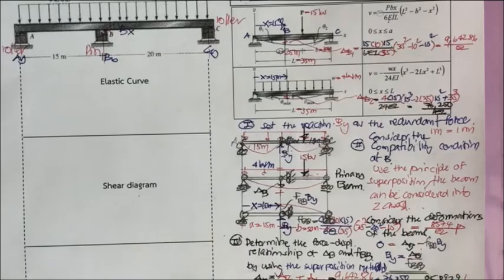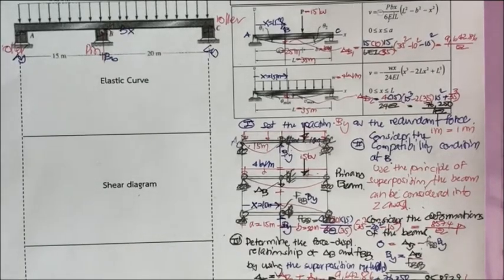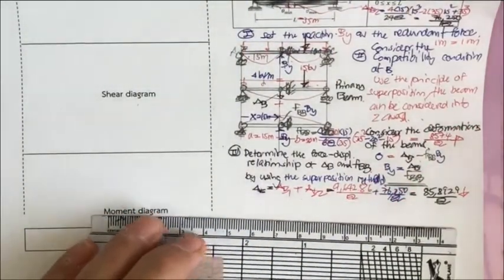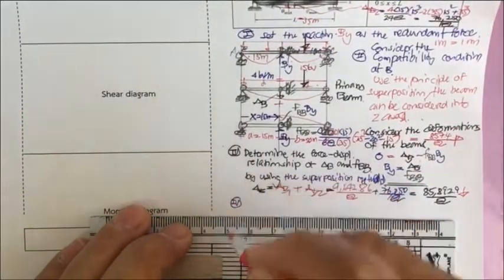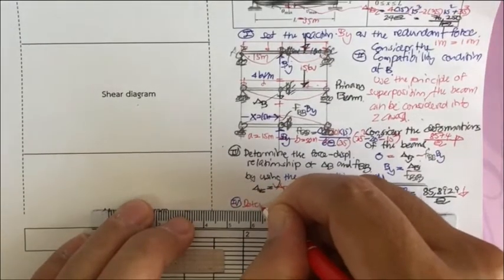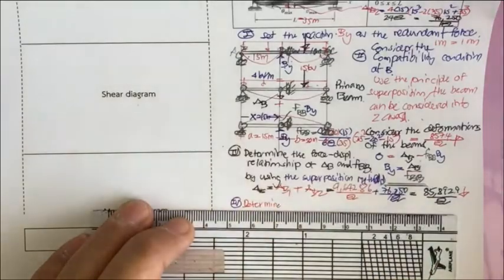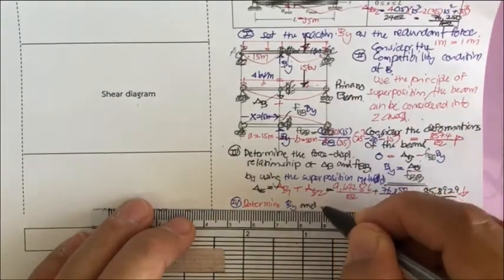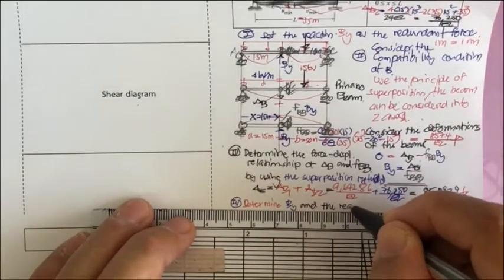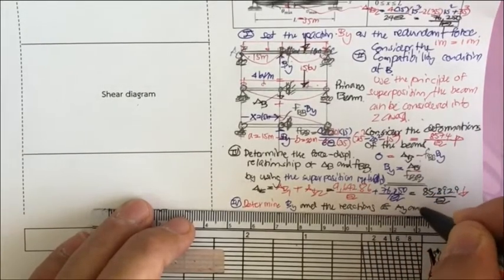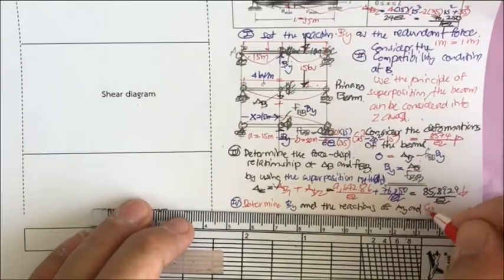Now, next step, we can find B sub y. Okay, so now we are going to determine B sub y, and the reactions of A sub y and C sub y.